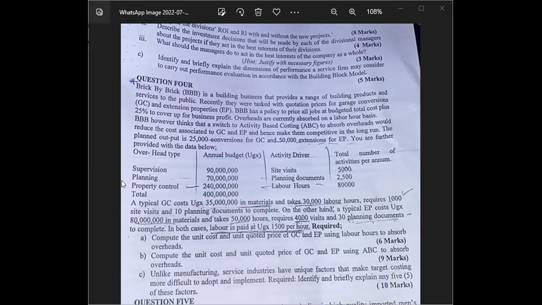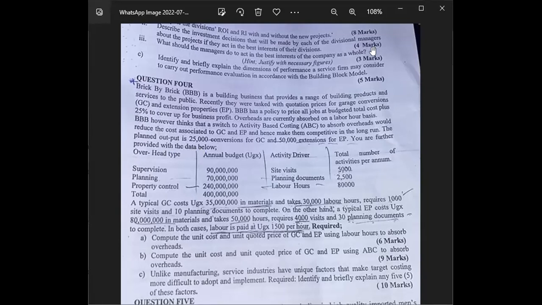The cost drivers were given to us. We had 30,000 and we had 50,000. And they told you nothing else, just that.